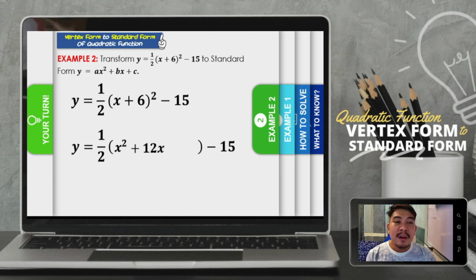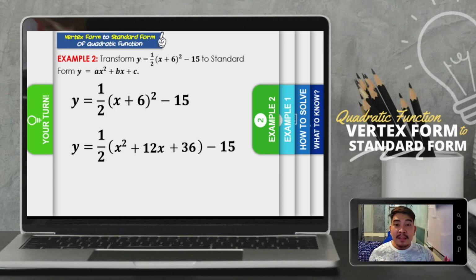Remember that when we are expanding or squaring a binomial, the linear term after multiplying the first and the second term will always be multiplied by 2. Okay? Next, sir, what will be the last term? The last term will be obtained by squaring the second term of the binomial. So that will be 6 squared. 6 times 6 will give us positive 36.